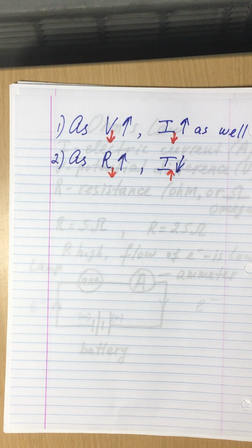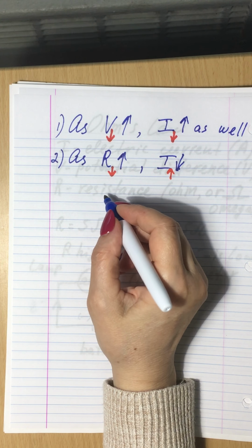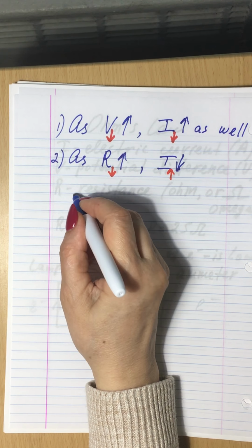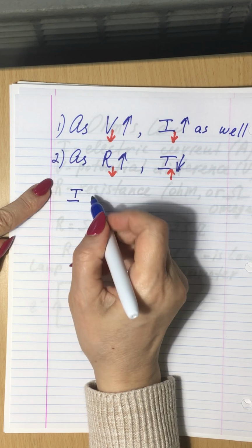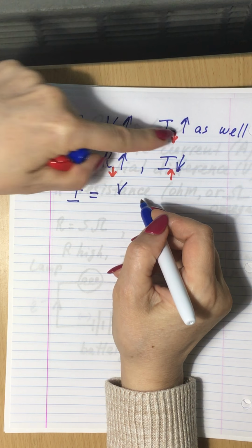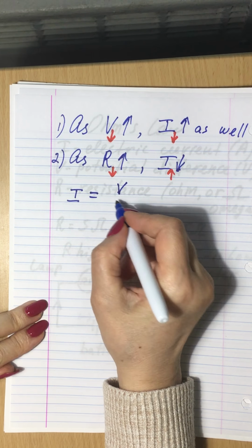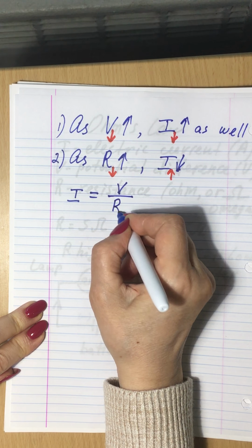So analyzing this type of changes in the circuit, Ohm wrote down the equation that electrical current is directly proportional to V, right? Directly proportional, that's why V is on the top, and inversely proportional to resistance.